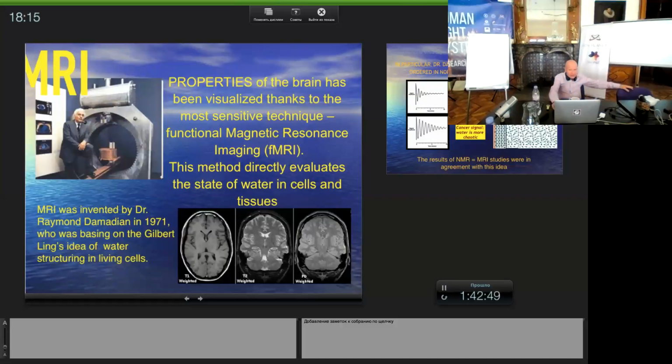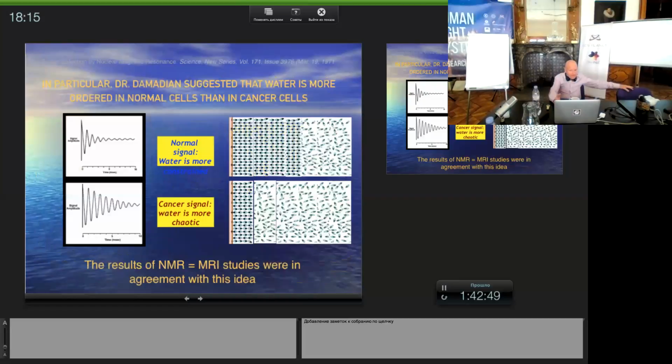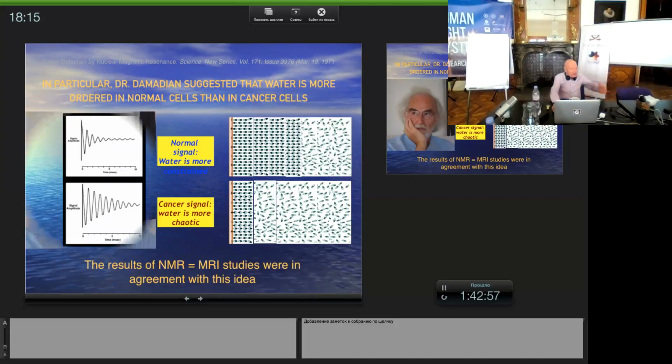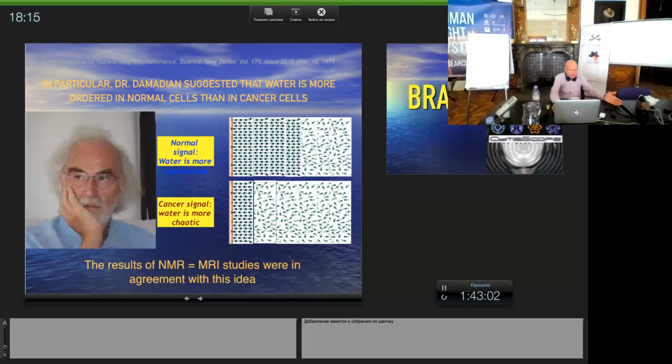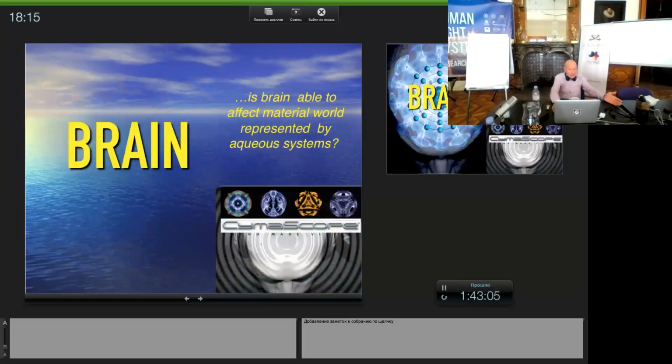So water has a signal, and this signal is related to different principles of organization that we've been discussing. And it's totally in accordance with what Pollack has presented.